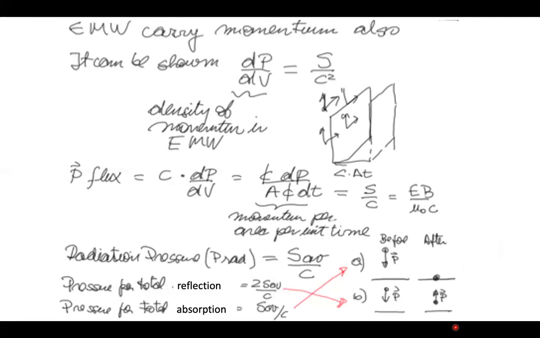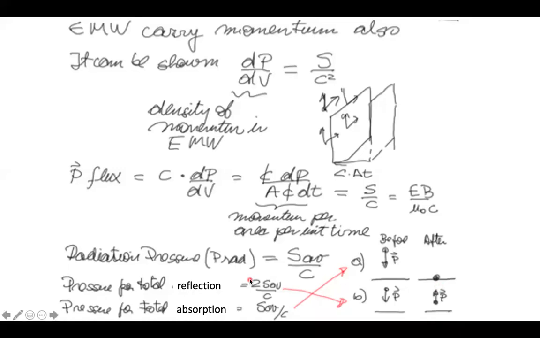The pressure is essentially saying what you have to do is change the momentum of the particles that collide with the inside of the wall. The same thing happens here.